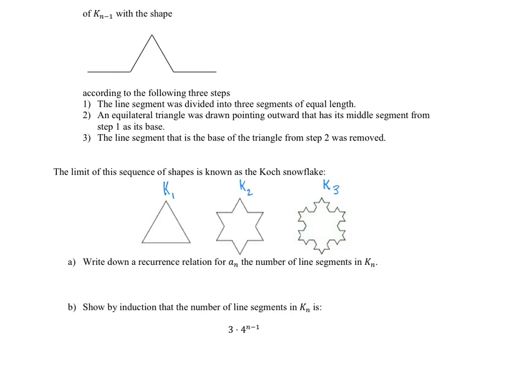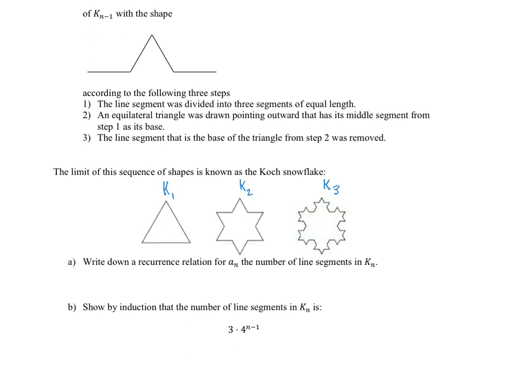A really fascinating thought about the Koch snowflake is if you keep taking this snowflake and getting K4, K5, K6, and so on and so on, you end up with a shape that has an infinite perimeter. So if you try to calculate the length all the way around the perimeter, it's infinite.